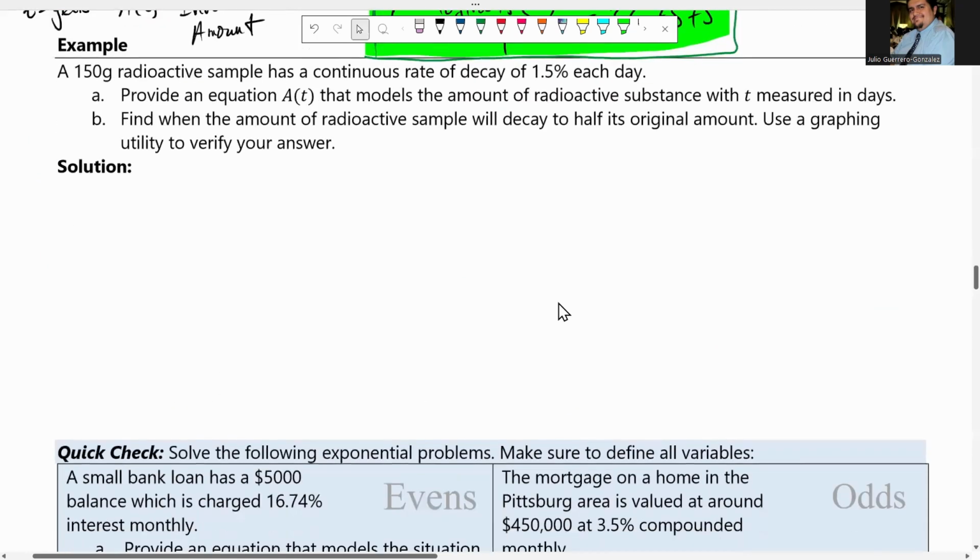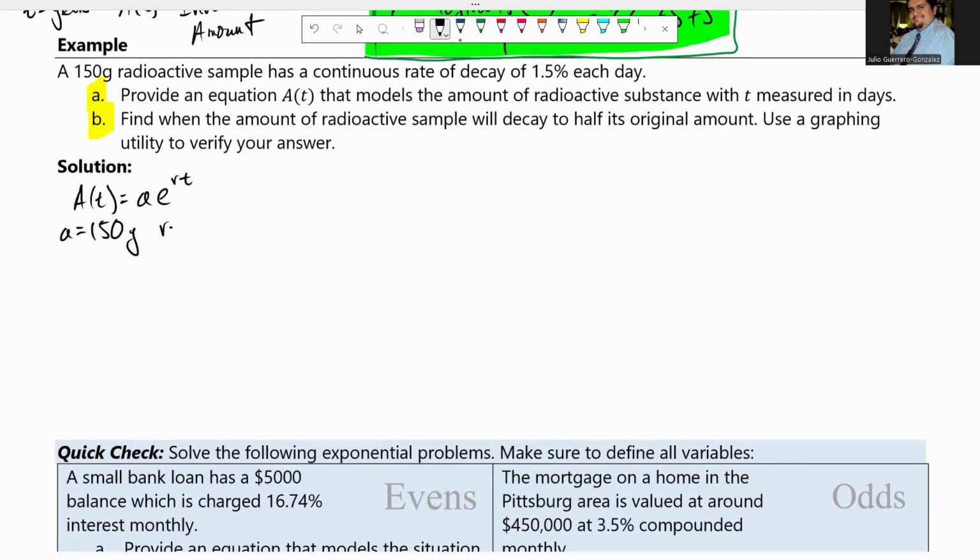So this one dealt with radioactive samples. Okay, so first of all, A, just as usual, give me an equation, right? And B, it's asking you when will the radioactive sample decay to half its original amount, right? Okay. So for A of t, this was A e to the rt. We needed the little a, that was going to be our 150 grams, right?